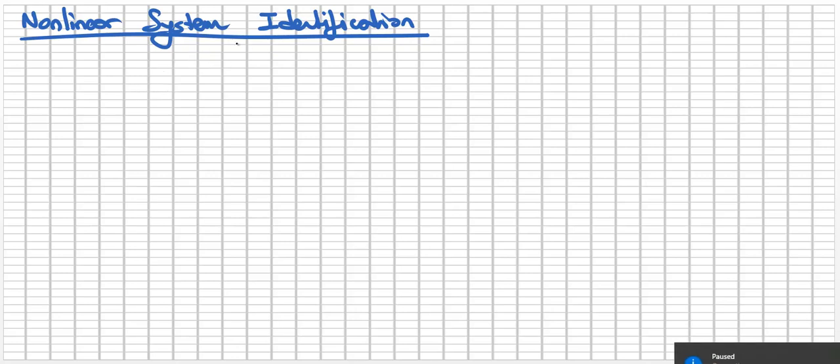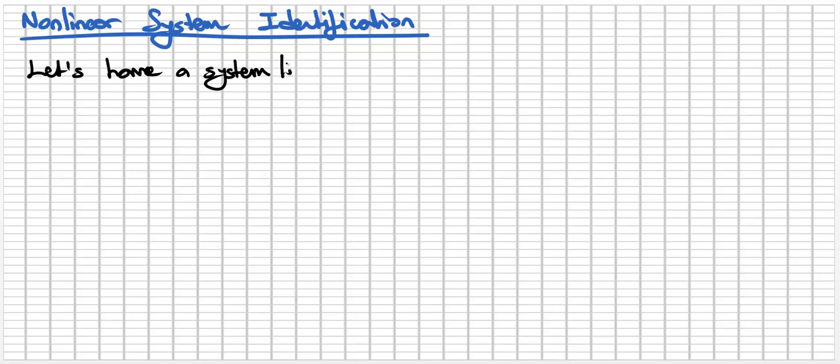Firstly, we should introduce our system like this one. Let's have an easy system: x dot equals minus a times x squared plus b times u.